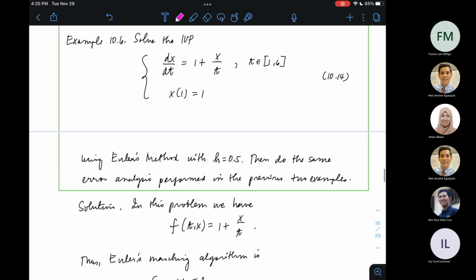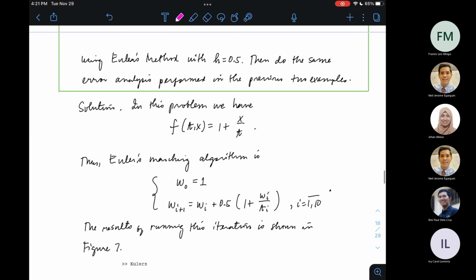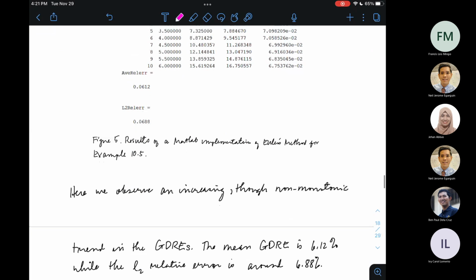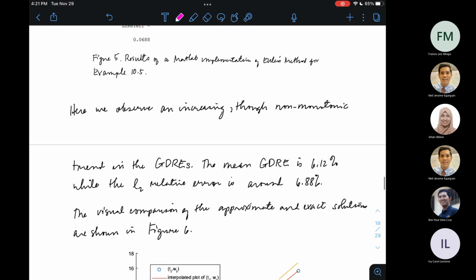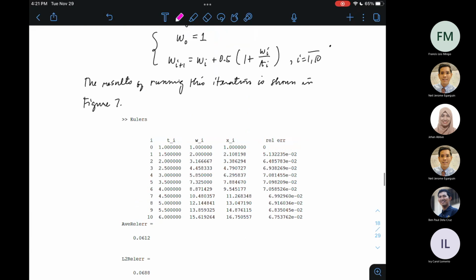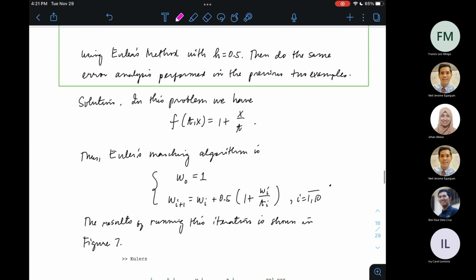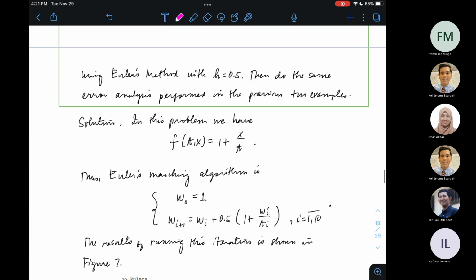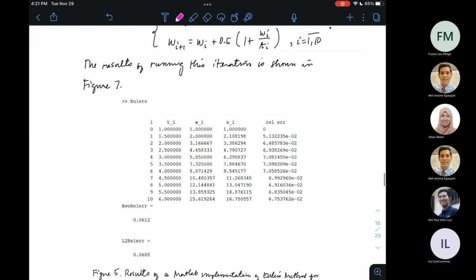But yeah, another example, let me see what this example is all about. Okay. So I just used this example for the other function that we have, but I use this as a springboard to insert or to define what we call the global discretization error.